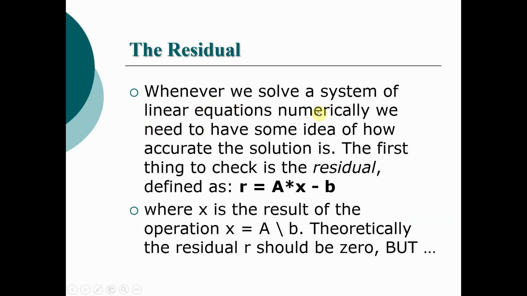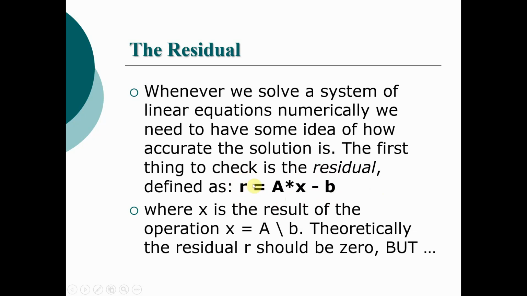Whenever we solve a system of linear equations numerically, we need to have some idea of how accurate the solution is. So we want to check if Ax minus b is actually equal to 0. If it's not equal to 0, we want to know what value it has. This vector is called the residual vector.